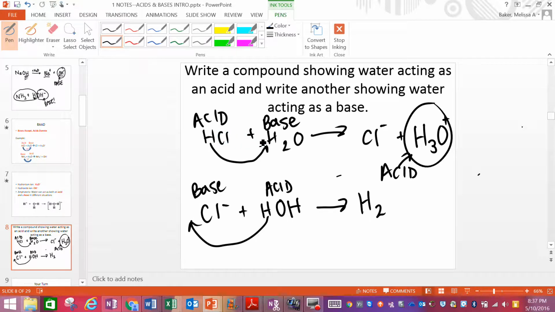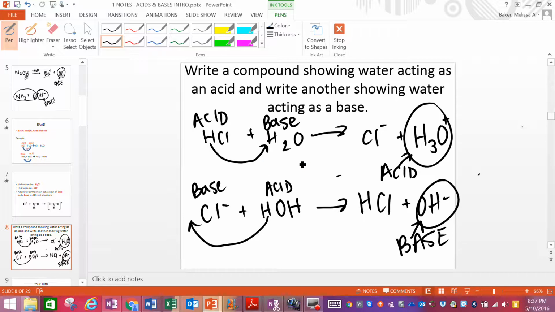So we've made HCl and OH minus. So this should scream to you that that chloride ion made the solution basic when you see that OH minus. So here we can see that water is amphoteric because it can act as a base or an acid, depending on what it's combined with.